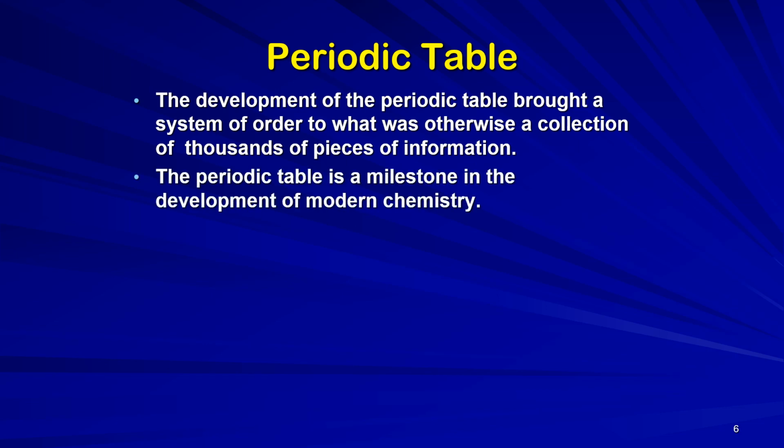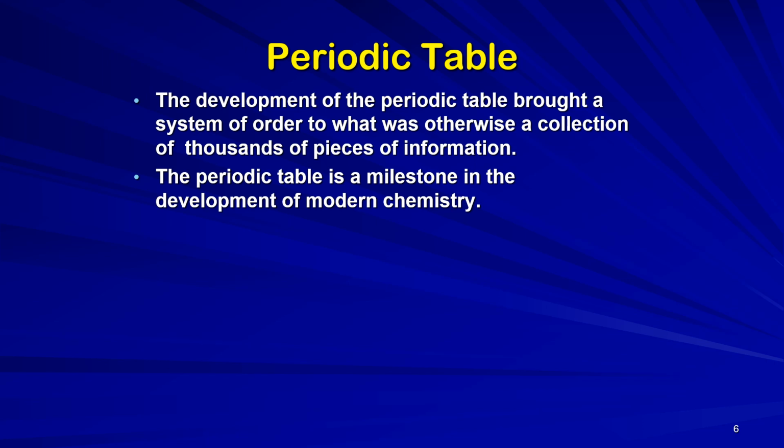The periodic table is a milestone, or we can consider it as a mark in the development of modern chemistry. As the periodic table was developed, it was like the beginning of modern chemistry.